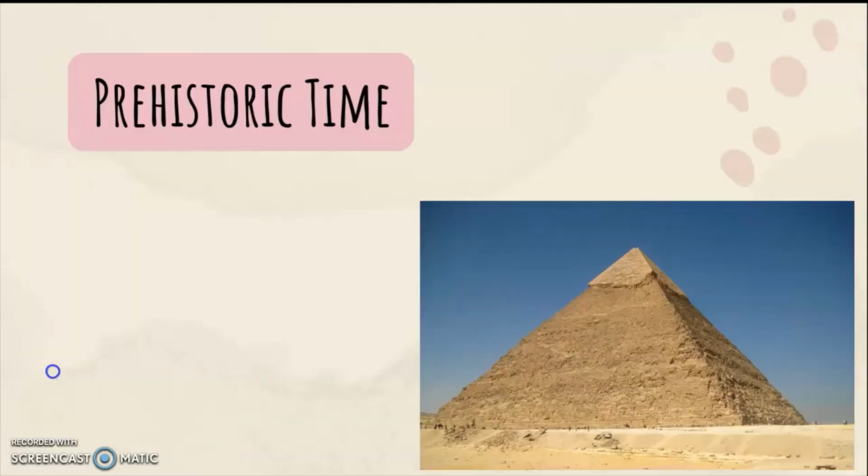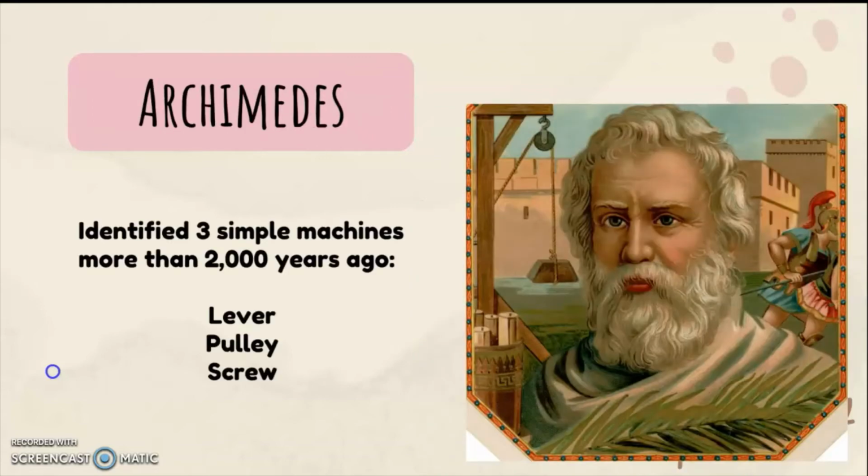Simple machines have been known since prehistoric times and were used to help build the amazing structures left behind by ancient cultures. The Greek philosopher Archimedes identified the three simple machines more than 2,000 years ago: the lever, pulley, and screw.